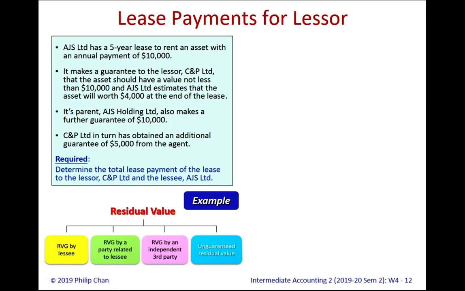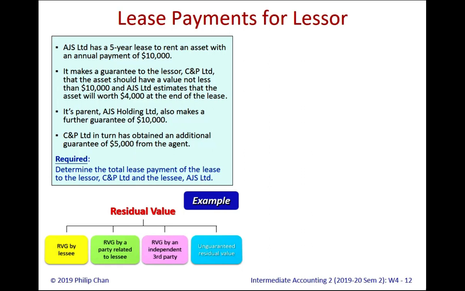So the first paragraph gives us the information about the annual lease payment. The second tells us the RVG guaranteed by the lessee AJS. The third bullet point is the RVG guaranteed by the related party of AJS. And finally, 5,000 RVG guaranteed by the independent third party.